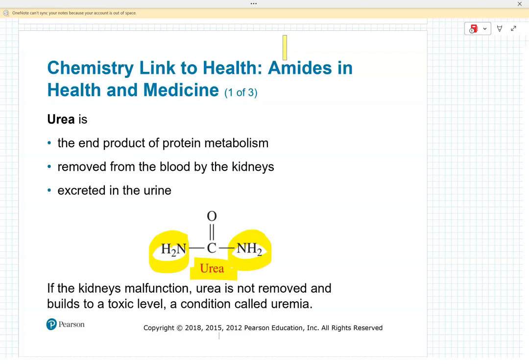I'm going to tell you something. Does anyone use chewing gum? Sugar-free, please. Well, if you use chewing gum, you can look at the ingredients of it.